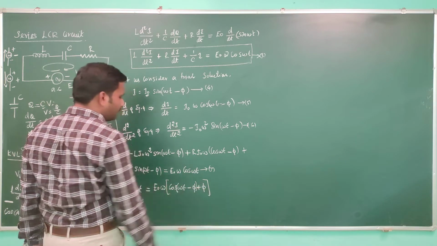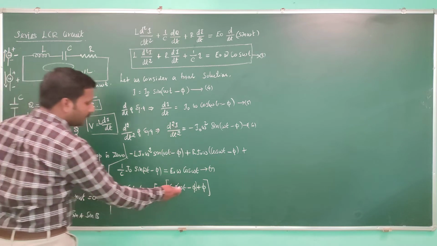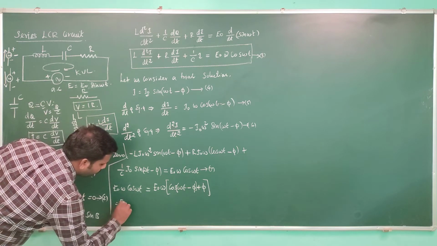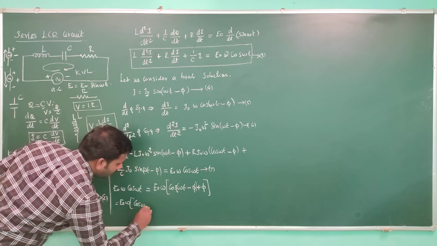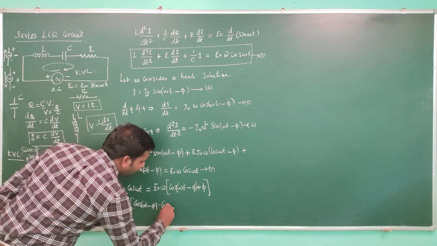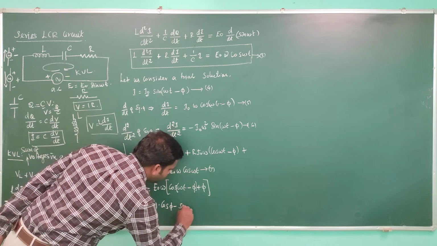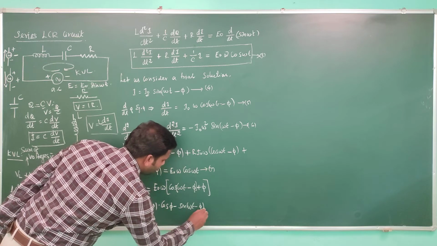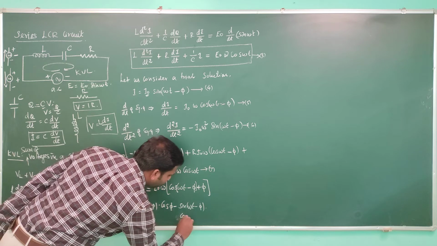This is the trigonometric relation for cos(A plus B). If we apply this relation here, it becomes E naught omega cos(omega t minus phi) cos phi minus sin(omega t minus phi) sin phi.